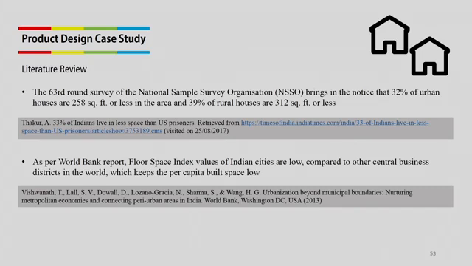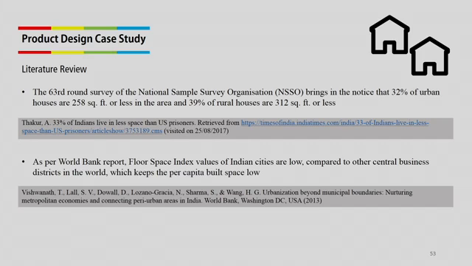To make this furniture, initially we did a literature review. We found in the National Sample Survey Organization report that 32% of urban houses are 258 square feet or less in area, and 39% of the rural houses are 312 square feet or less.